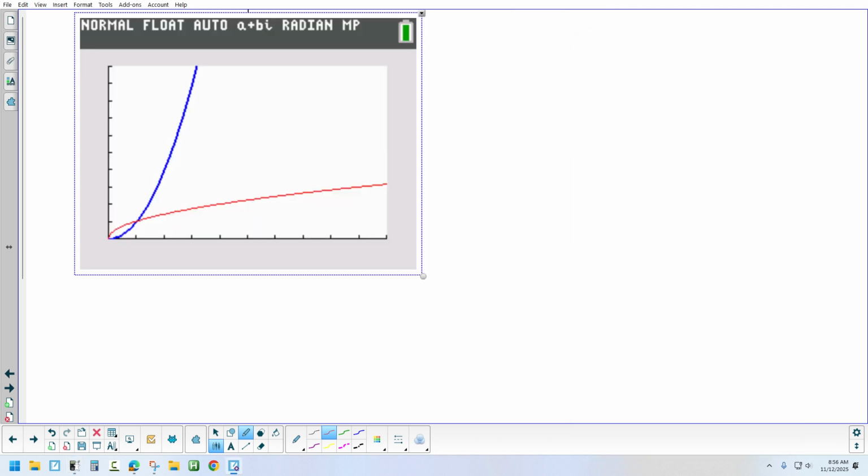Okay, what do you notice about those two functions, how they compare to each other visually? Yeah? They seem sort of mirrored. They are mirrored, yep. They are kind of mirror images of each other, but not over the x-axis or the y-axis. Does anybody have a guess what they're being mirrored over? Yeah? Y equals x. Yes.